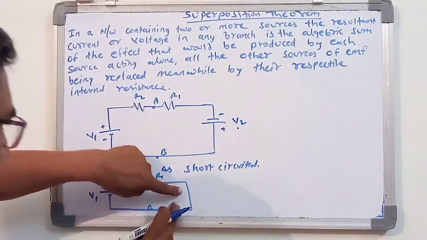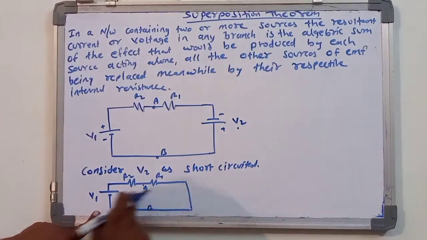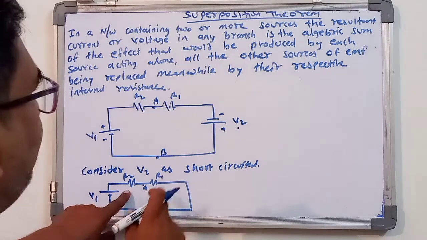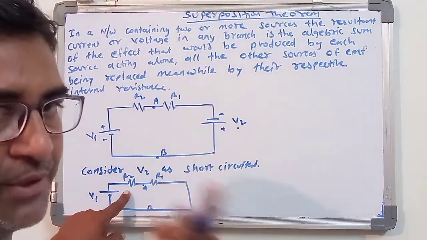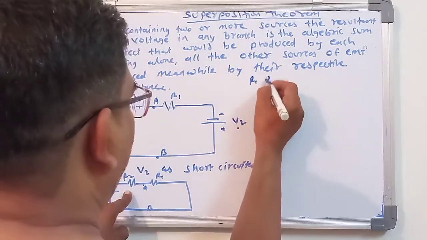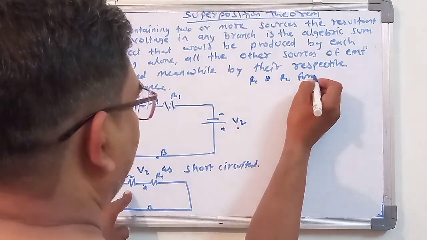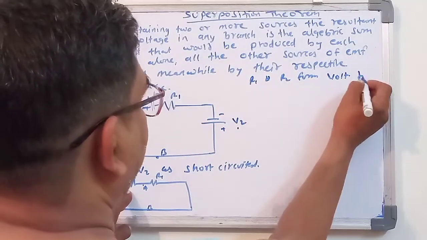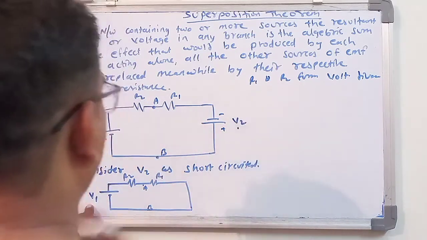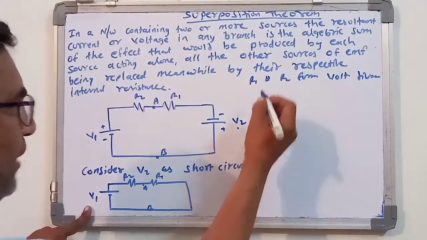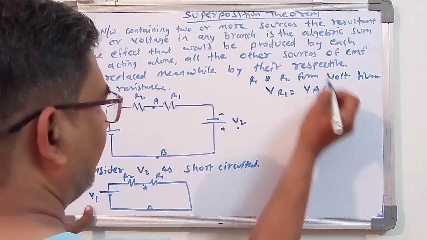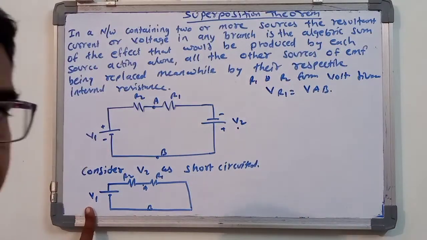After redrawing this diagram, you will be able to understand that R1 and R2 form a voltage divider. Just write down that R1 and R2 form a voltage divider. Then you will obtain the equation VR1 is equal to VAB.